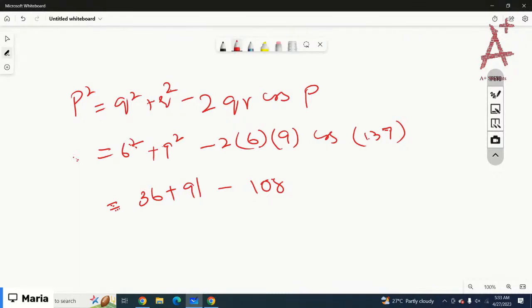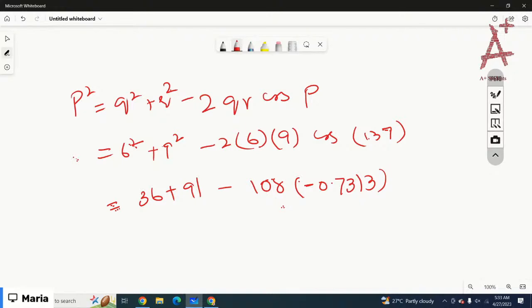Let's just calculate cos 137. Cos 137, sorry, is negative 0.7313, and let's just multiply it by 108. Okay, cos 137 is negative 0.7313, and I'm going to multiply it with 108.